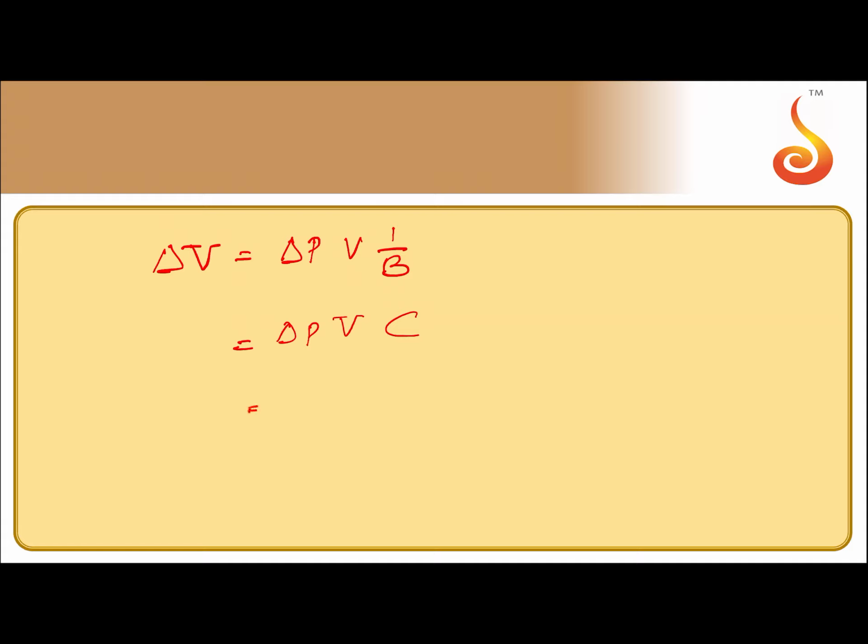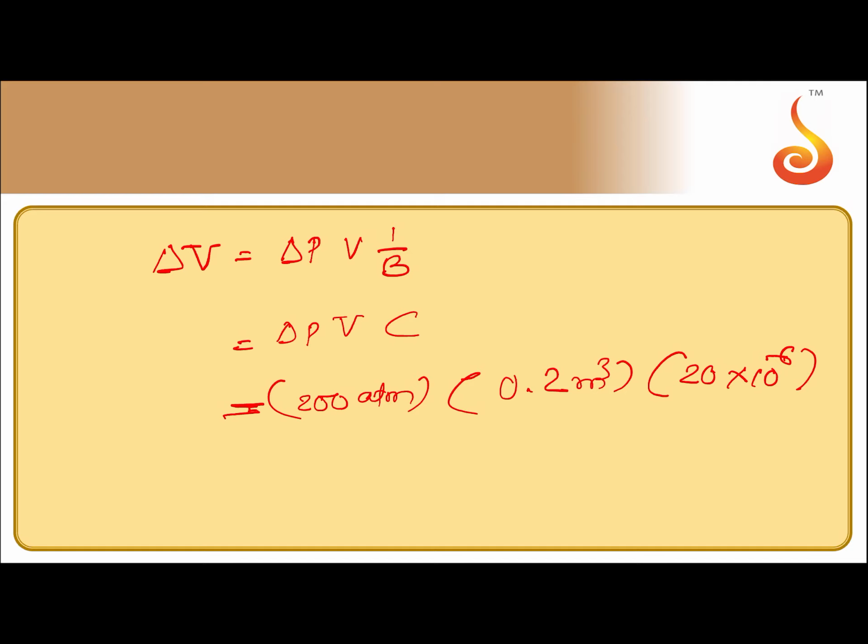So you notice that the volume is given, compressibility is given, and the extra pressure is given, 200 atmosphere. I am just substituting it straight. I want you to take care of the conversions. Volume is given as 0.2 meter cube and the compressibility is 20 into 10 to the power of minus 6 per atmosphere.